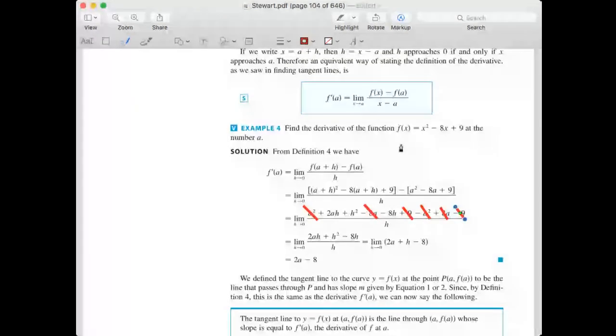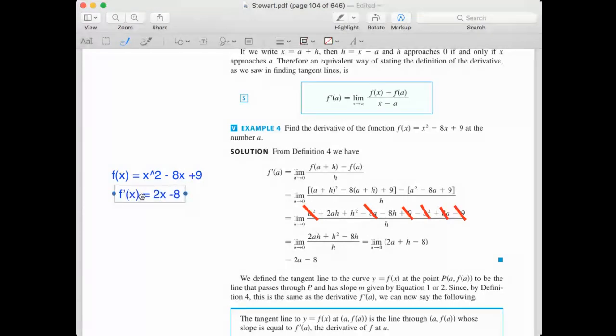Let's analyze this. So we have f prime of a equals 2a minus 8. Let me write in terms of x. The function f of x equals x squared minus 8x plus 9. So that's the function, right? Now let's write its derivative. f prime of x, I'm going to write it in terms of x, equals 2x minus 8.